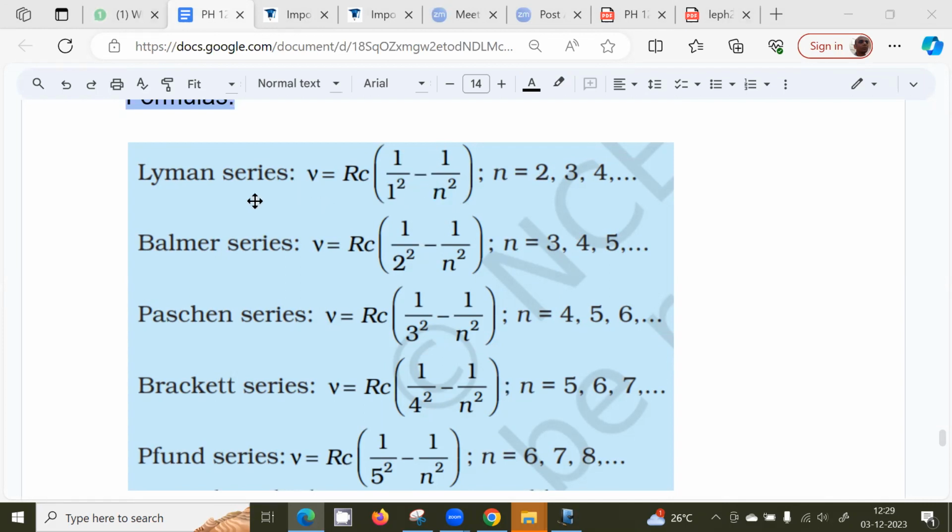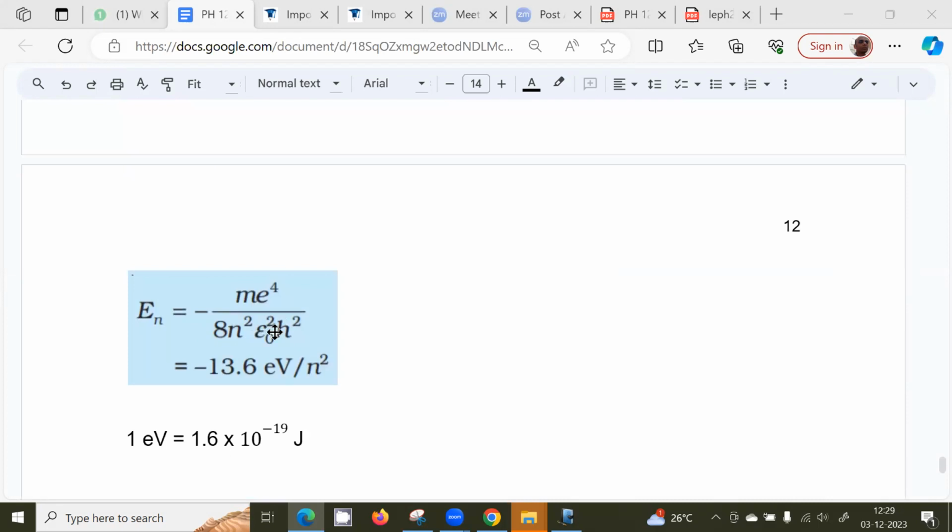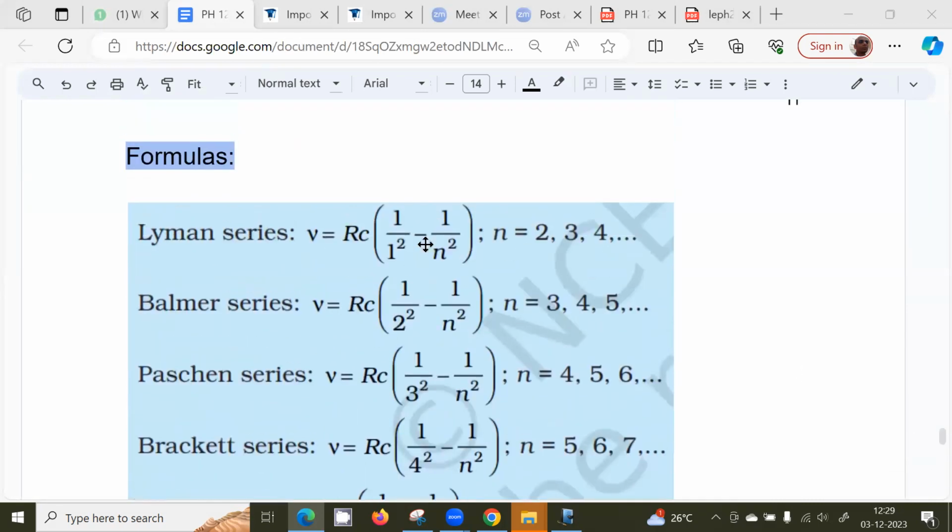Got it? Lyman series jumps from n equal to some value to 1, right? So the energy difference between those two levels is 1 by n square minus 1 by 1 square. That energy difference you have to put equal to h into nu. So nu, h you bring to this side, that will get combined in this constant. That's how you get all these formulas. So this formula is not different from this formula. Once I know this formula, I can get these formulas, because this formula is a jump from some value of n to another.